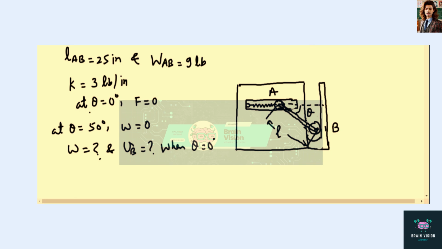Let us start solving it. See the geometrical figure of the given situation.